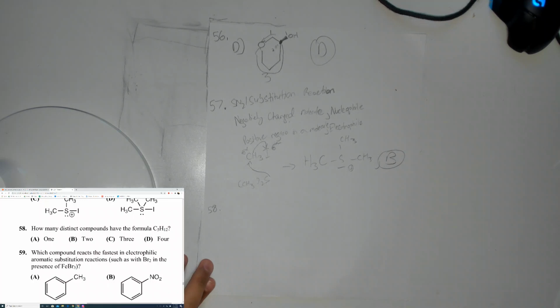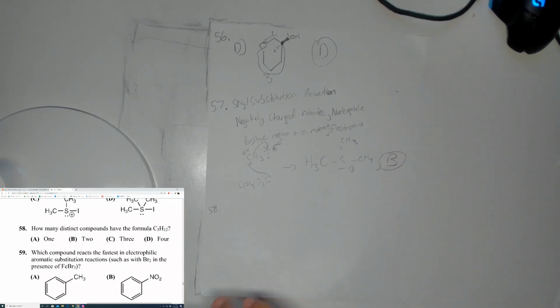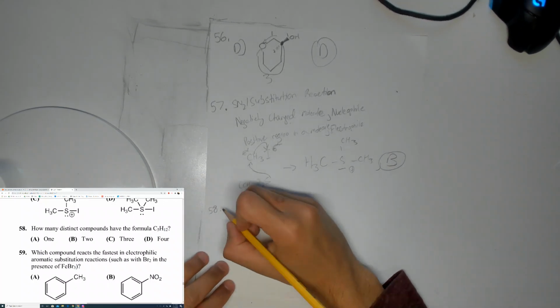How many distinct compounds have the formula C5H12? Okay, so the first thing when you're counting isomers, you need to find out the double bond equivalency, and it's through this equation.